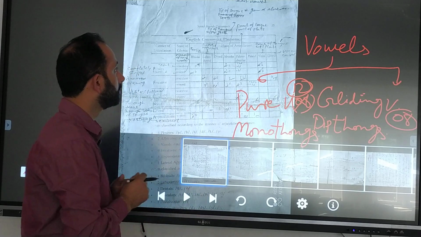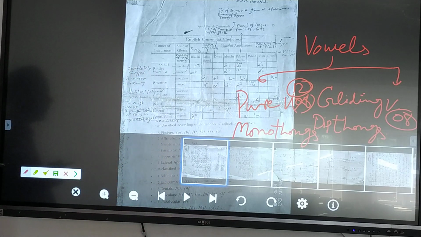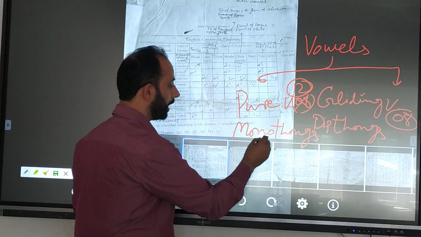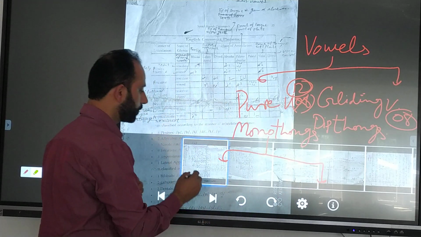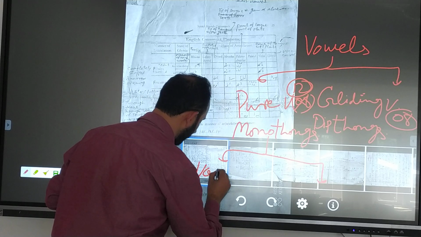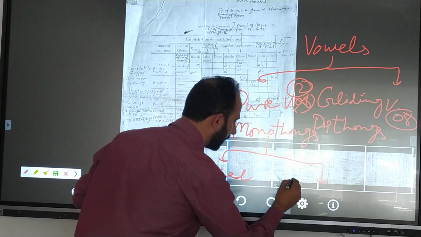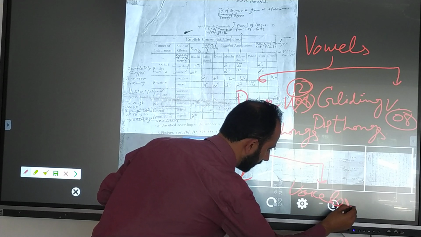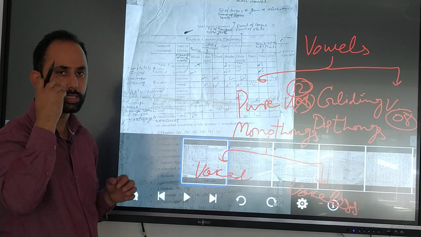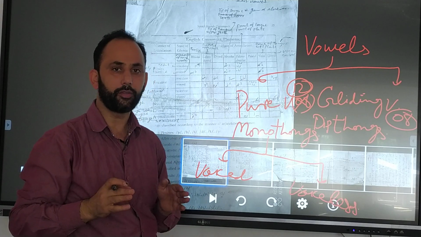These pure vowels are then divided into two types also, that is voiced and voiceless. I have already told you the difference between voiced and voiceless.